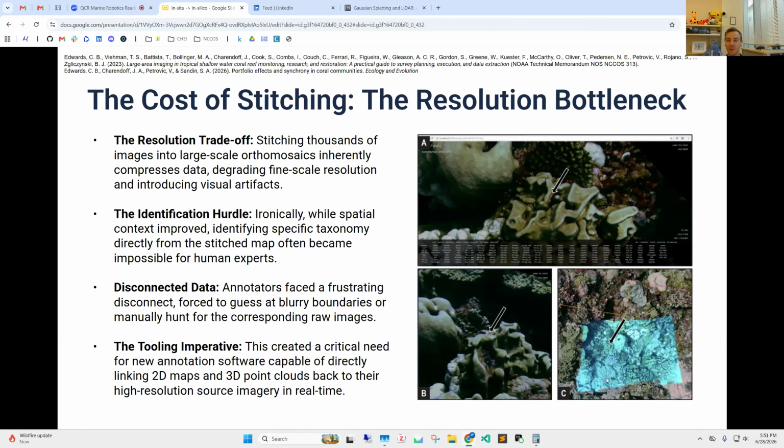So, a tool inside of this core called VPI was developed that would allow folks to look at where a point is on the 3D mesh or the orthomosaic and see the high resolution source imagery that was used to create the 3D model. This is kind of a weird thing, but it's essential to be able to do taxonomic identification.